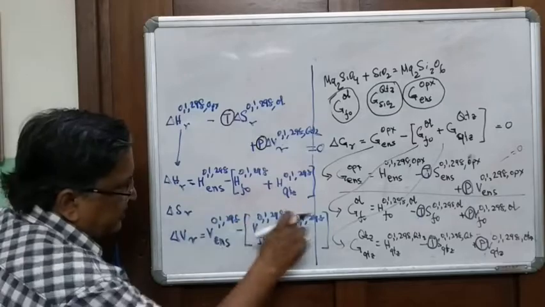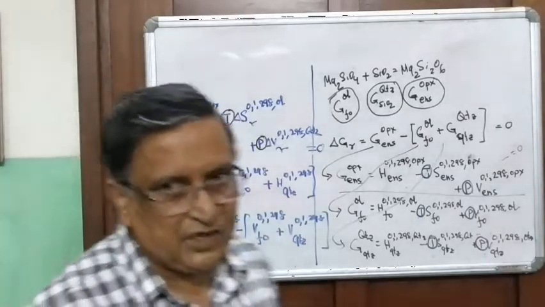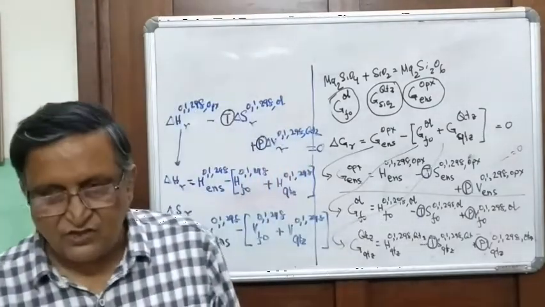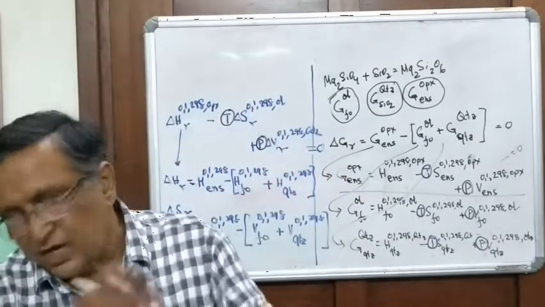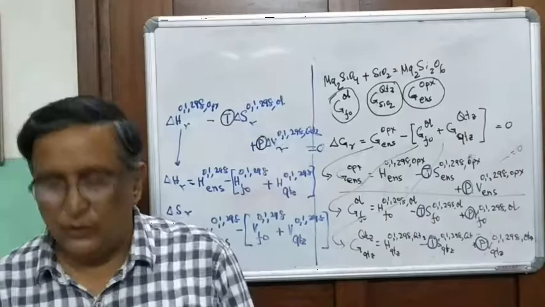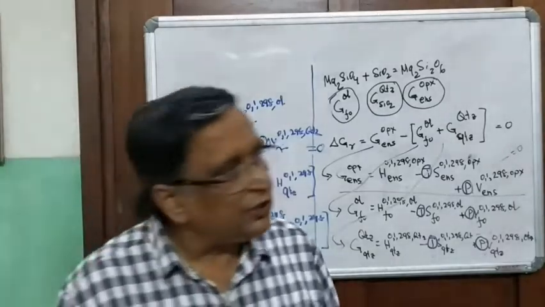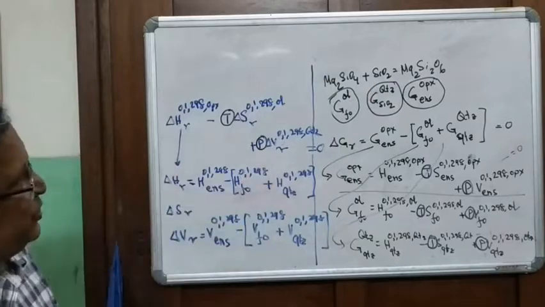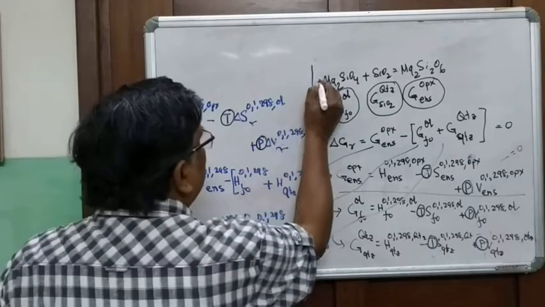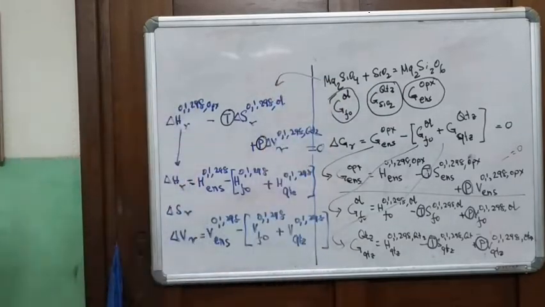All other thermodynamic parameters are known, either experimentally or from phase equilibrium studies or retrieval calculations, different ways, but all are known. So that is the type of expression, equations of state, that you get. For this reaction, this is the equation of state.